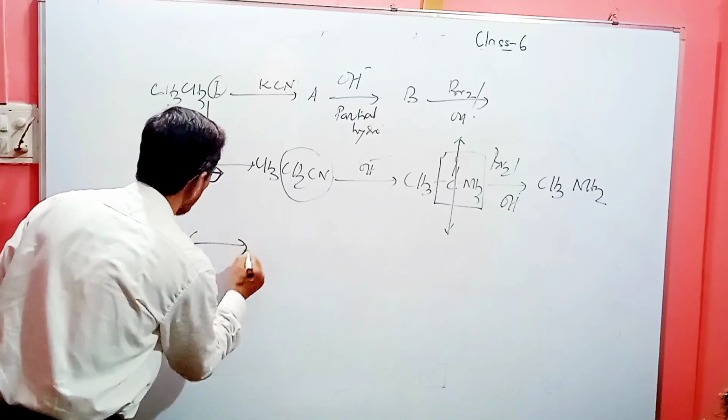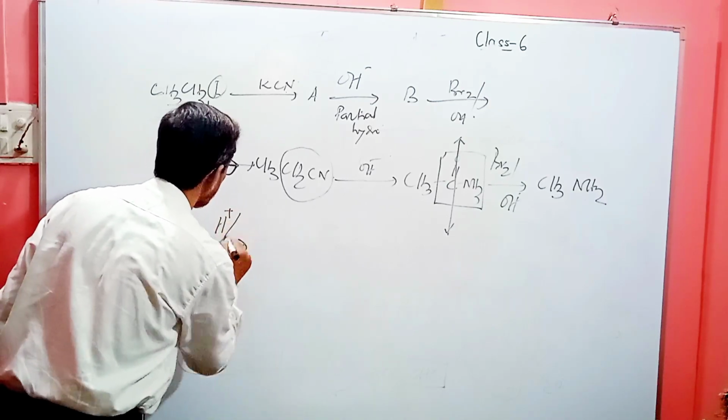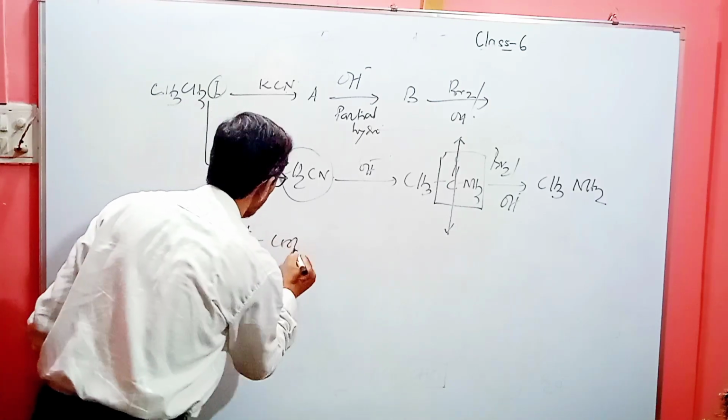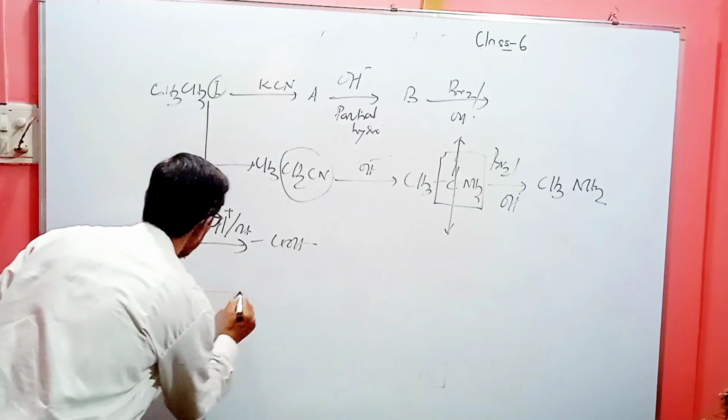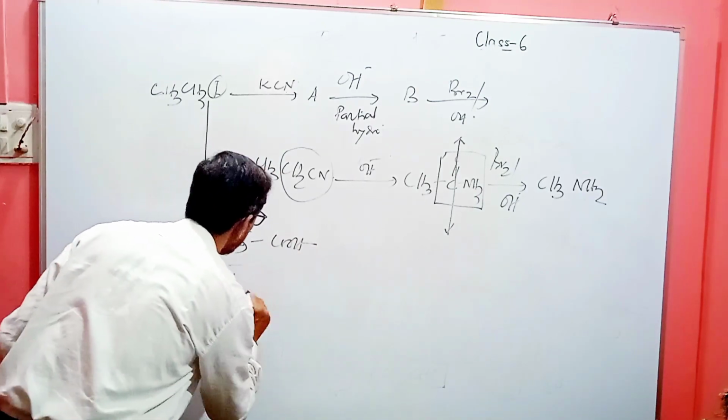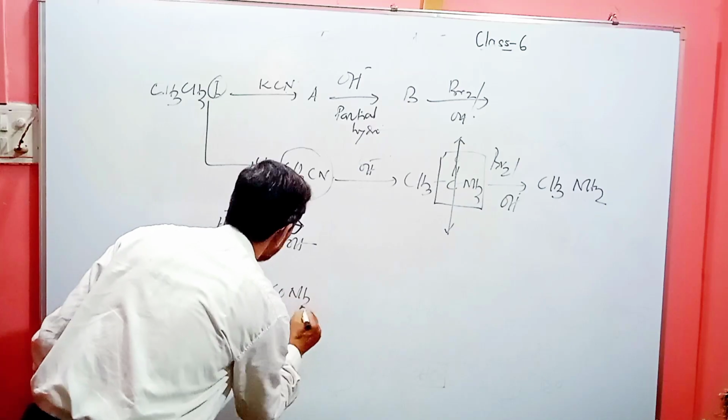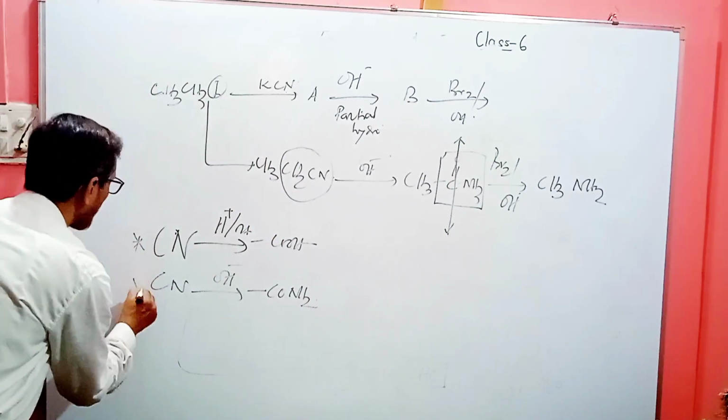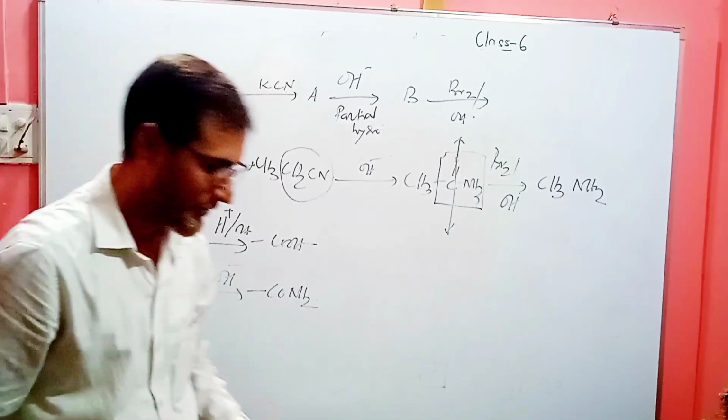CN on acid hydrolysis gives you COOH, and CN on partial hydrolysis gives you amide. Just keep it in your mind, otherwise you can't do this reaction.